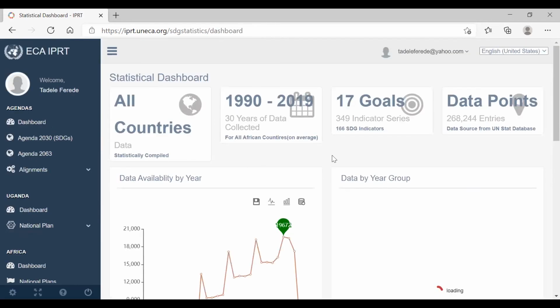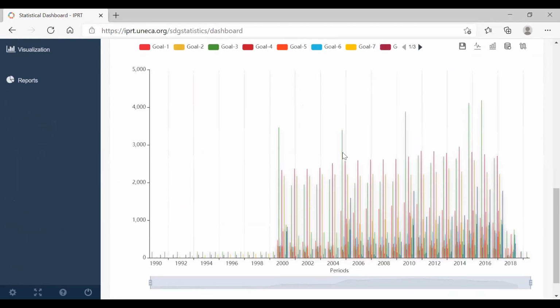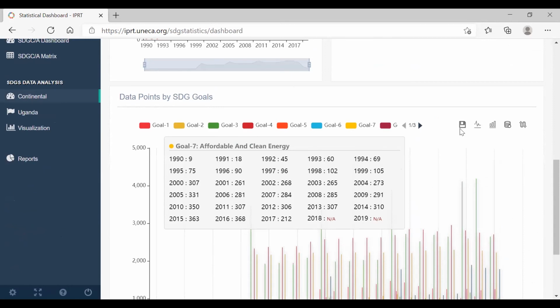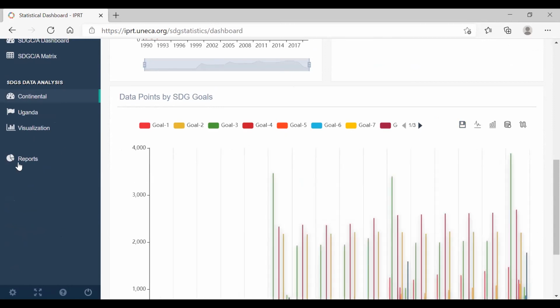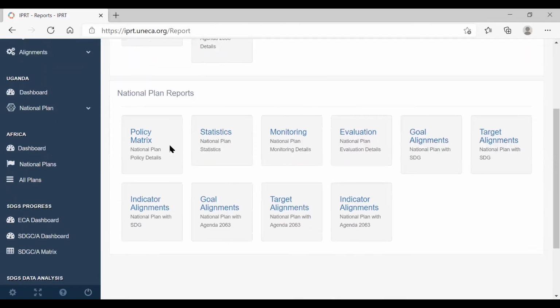This is the data for all countries, statistically compiled, time series data for goal 1, goal 2, and the 17 goals. You can also generate reports for SDGs and for Agenda 2063 in PDF form or what have you. You can also download the policy matrix, statistics, monitoring, and what have you.